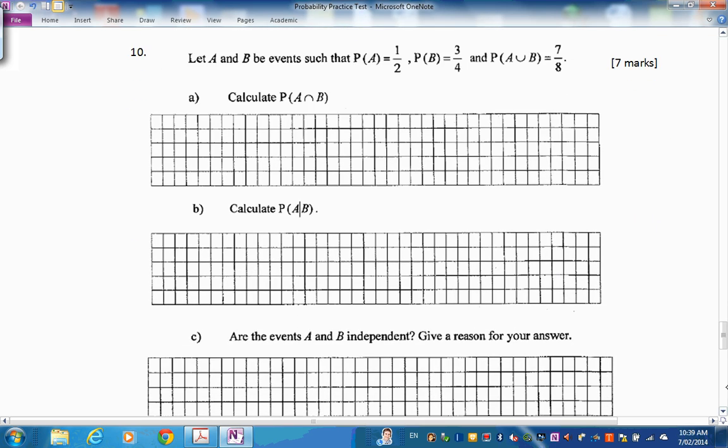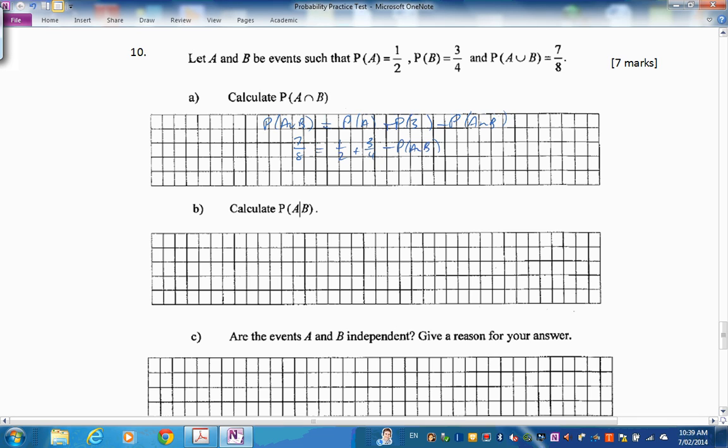Question 10, a fairly long one there, and we've got A and B here. Calculate probability A intersection B. Oh, similar question to before. A union B is the probability of A plus the probability of B minus the probability of the intersection. Okay, so it's 7/8 equals a half plus 3/4 minus the intersection.